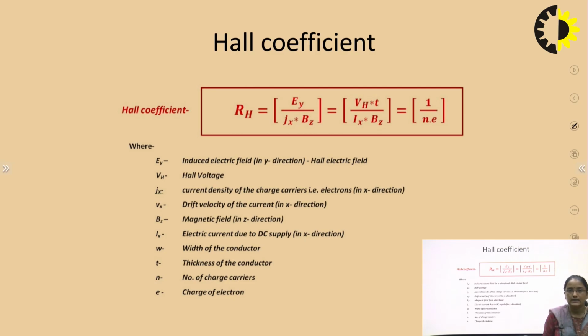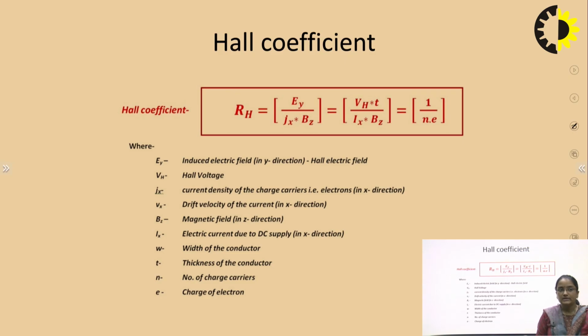Q and E are the same thing, signifying the charge of the electron, which is equal to 1.6 into 10 raised to the power minus 19. So the value of RH that we are getting after simplifying our equation is 1 by NQ, that is signifying the N-type semiconductor, and RH will definitely change for P-type, where the value of RH will be equal to 1 by PQ.